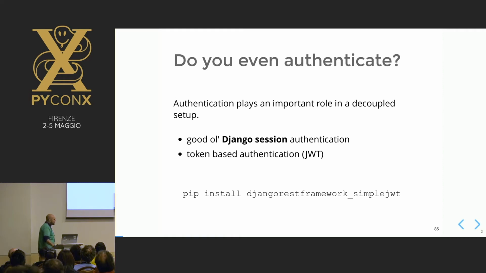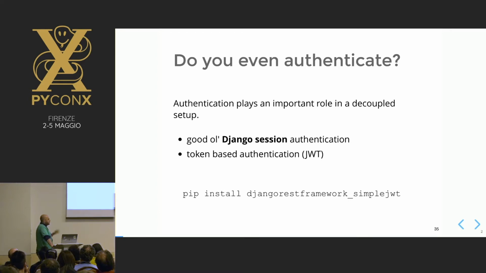So how do you authenticate in your application? Because when we decouple our application, we may run into these issues. You need to find other ways to authenticate your user. Django has this fantastic built-in authentication, but if we have a decoupled front end, we need to find other ways.